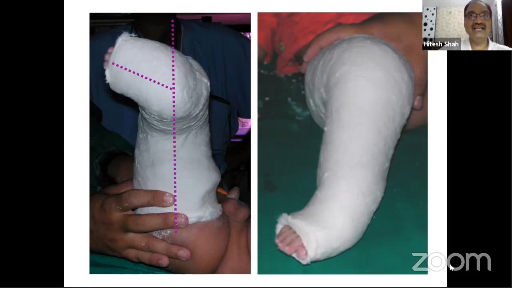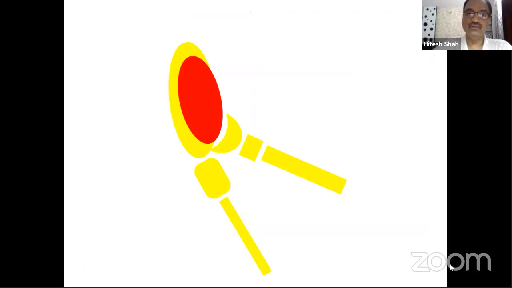So in the second, third, fourth manipulation, we try to correct the forefoot abduction. And in those sequential manipulations, never ever pronate the foot. Never ever try to pronate either the first metatarsal or the hind foot. This is what the plaster looks like after the third or fourth manipulation.